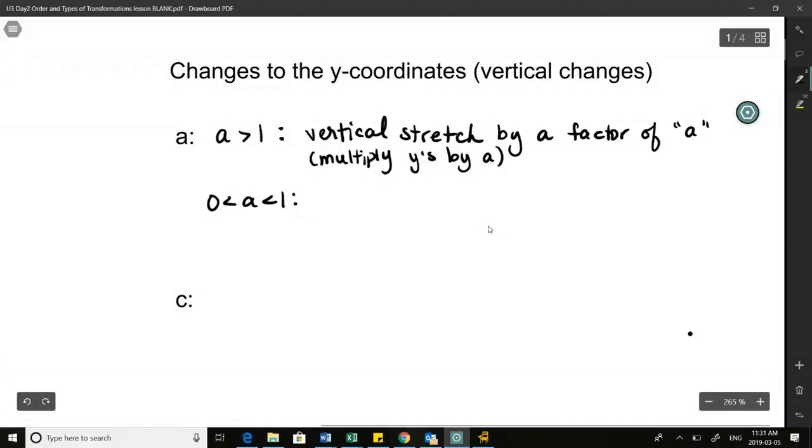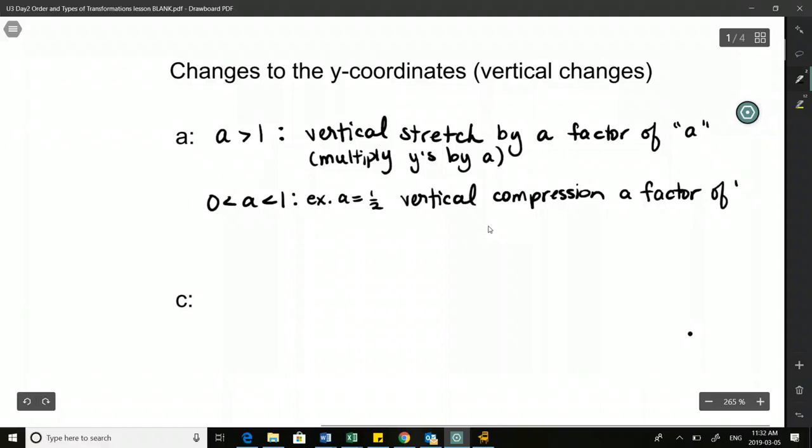Okay, 0.5, yes, or a half. So for example, this could be when A is a half. This is a vertical compression, and then we would usually say by a factor of whatever that value is. So in our example, it would be by a factor of a half. But I'm just going to say of A, and you will fill in the blank.